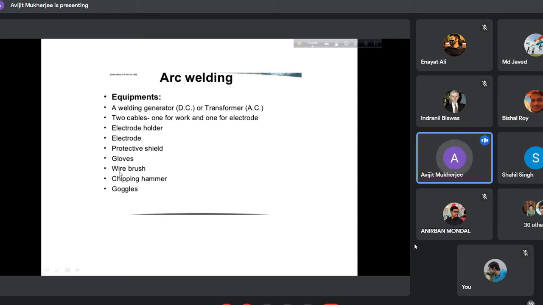And after initial welding, you should break the weld portion with a chipping hammer.